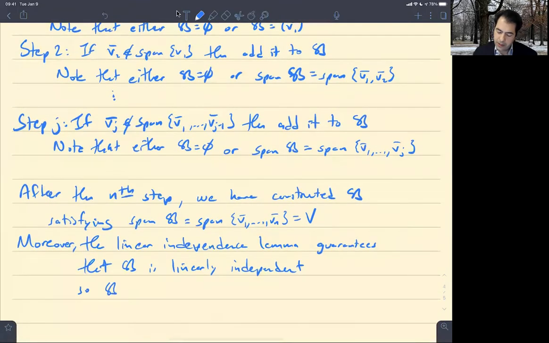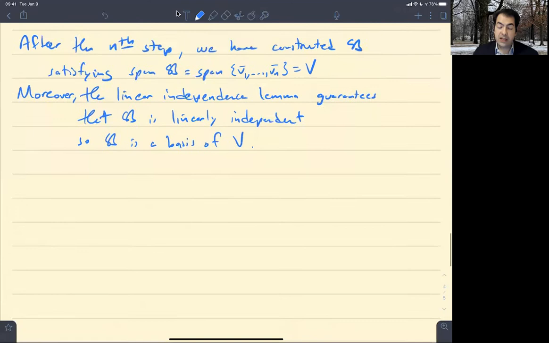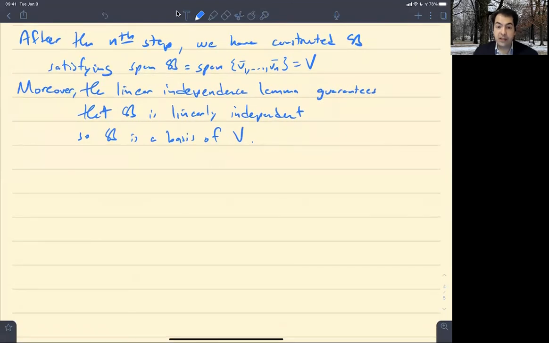So B is a basis. In particular, we see that every finite dimensional vector space has a basis, because being finite dimensional means you can find a finite spanning set, and then this algorithm says you can extract from that a basis.